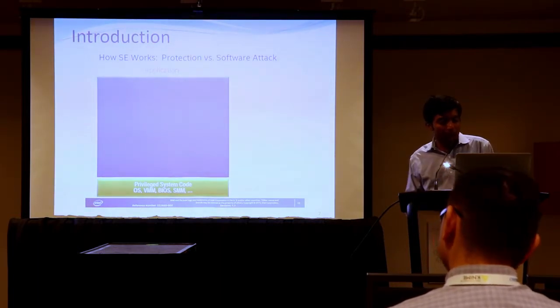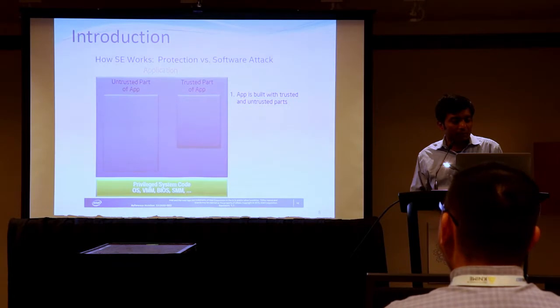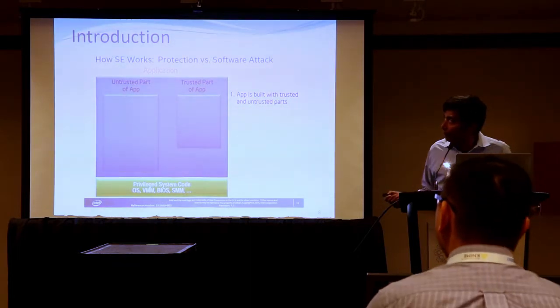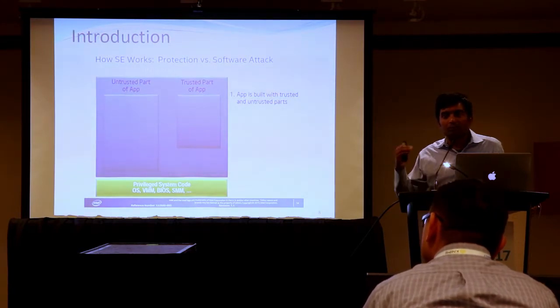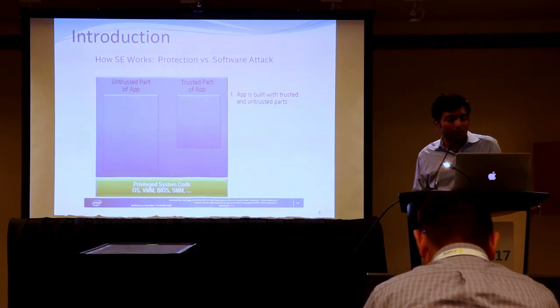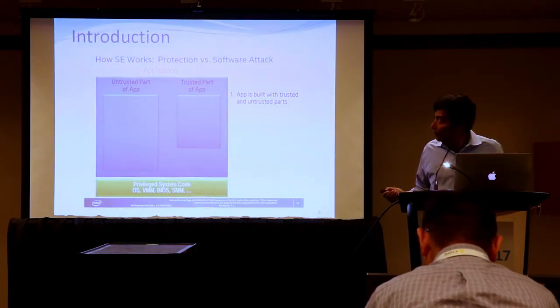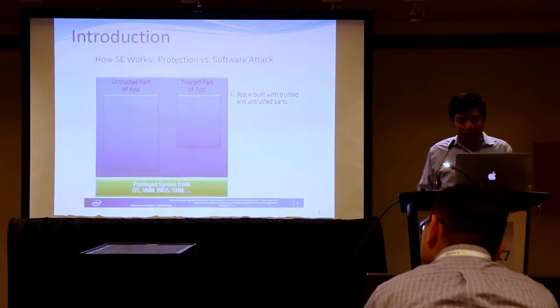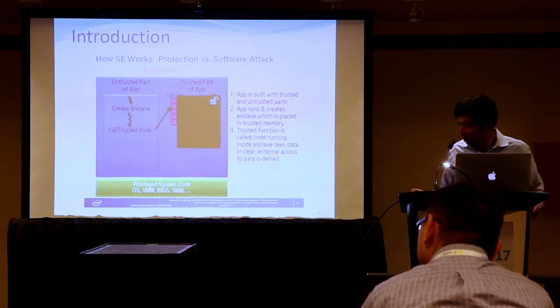There is a way you can do it, called a trusted execution environment. The idea here is that when an application comes, we first identify the trusted part and the untrusted part. The trusted part will have the trusted code and trusted data, and it will be run in a secure, isolated environment in memory, what they call an enclave in the case of Intel SGX. So this is the basic idea.